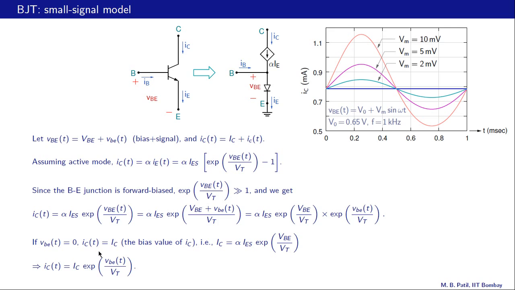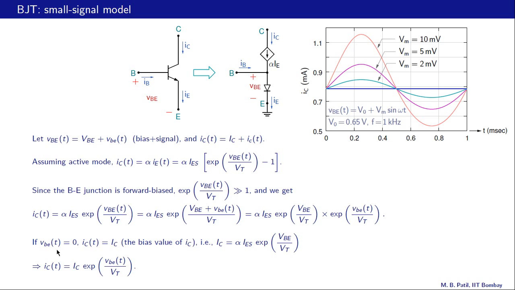And then if we substitute that here, IC of t, this becomes 1, and we are left with alpha times IES times exponential VBE by VT. So it's 0.65 divided by VT. And that is the bias value of IC with no signal, and that is shown here in the dark blue curve, just a constant straight line.